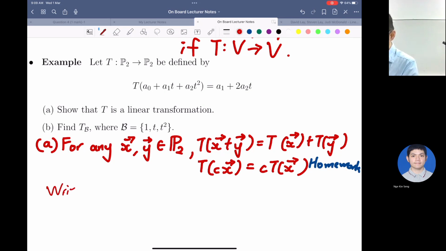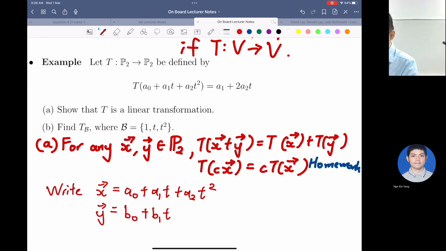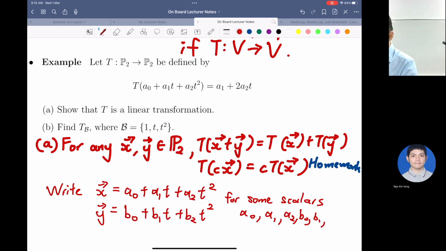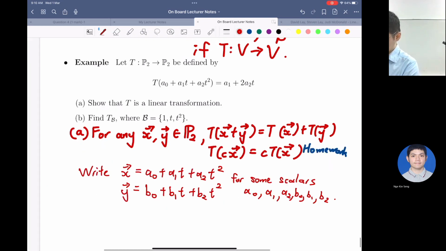We need to write x in a general form: a0 plus a1 t plus a2 t squared, and y is equal to b0 plus b1 t plus b2 t squared, with a0, a1, a2, b0, b1, b2.